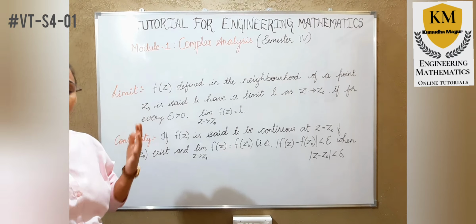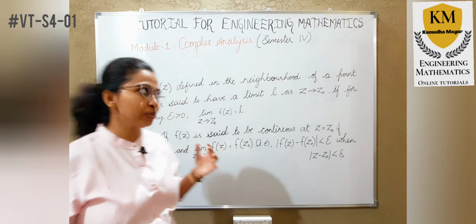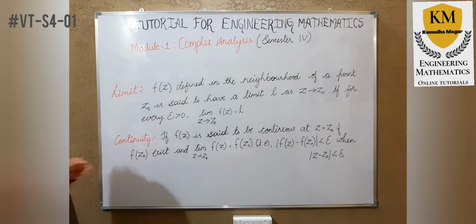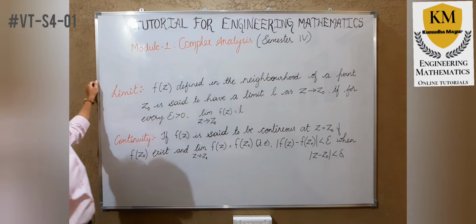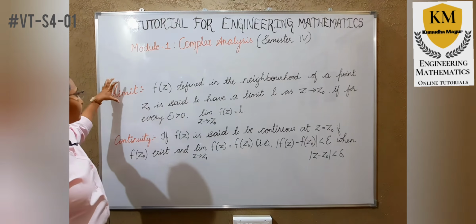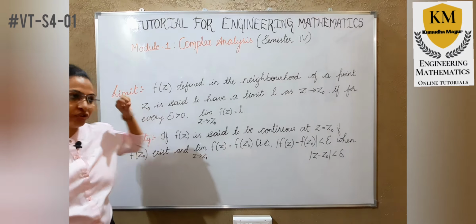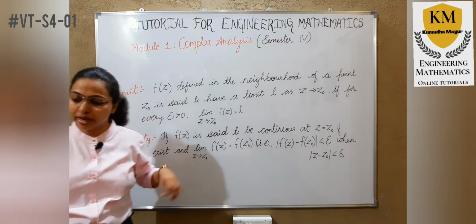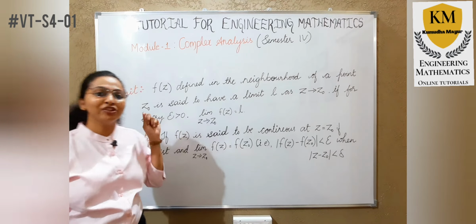We have learnt about a complex variable, as well as functions of a complex variable. Now let us just focus on the basic definitions of what is limit, what is continuity, and what do you mean by differentiability.